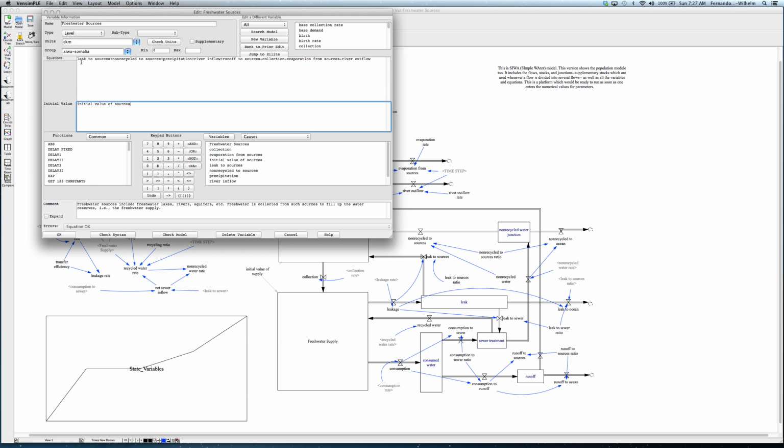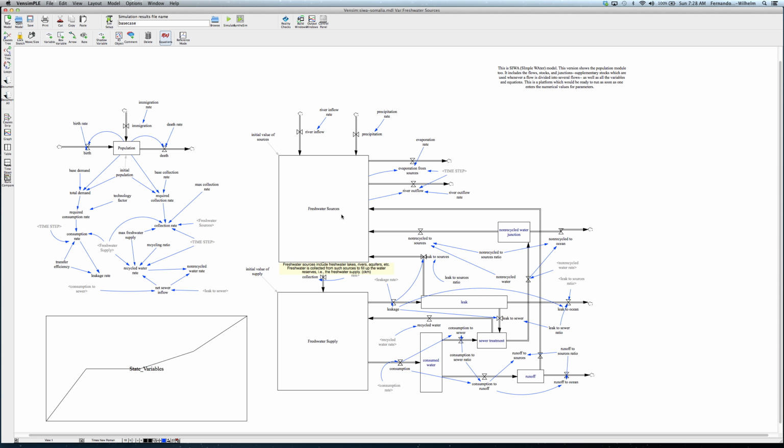And if you look at the equations, the ins and the outs, you have the precipitation, which we'll see in the sketch in a minute, the river inflow, and then you have negative evaporation, negative river outflow, and then there's also some other positives that come as return flow, the leak to sources, the non-recycle to sources, and the runoff to sources. So let me actually go to this schematic and show you these.